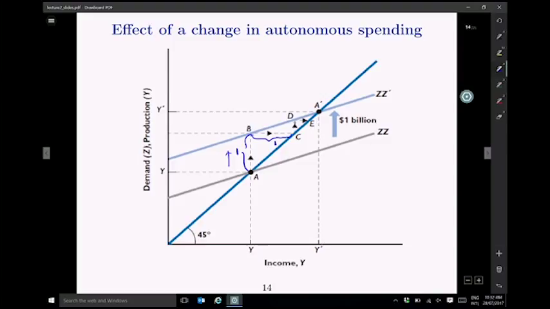That's the second round. So this distance CD gives us this round of increase in consumption. Why C1 is here is because the slope of this ZZ line is C1. And that's not the end of it, because when consumption increases by C1, aggregate income will increase by C1, and then consumption will increase again. And this will go on for many, many rounds.